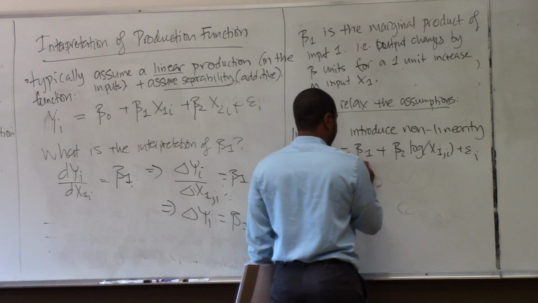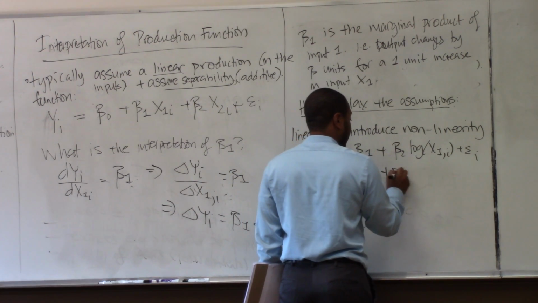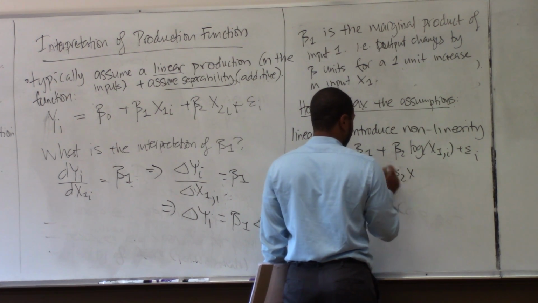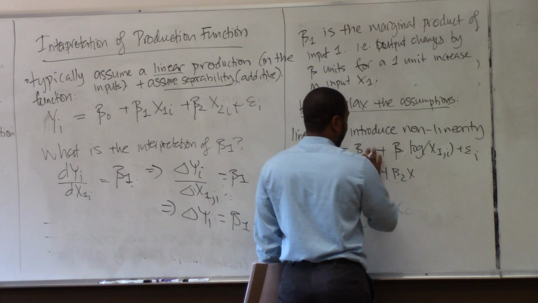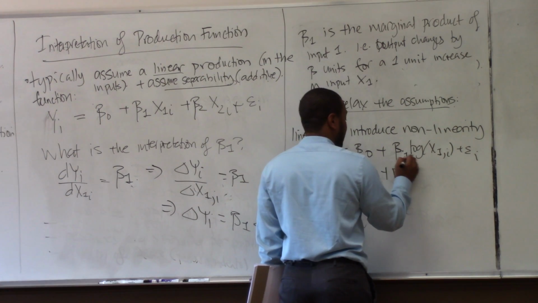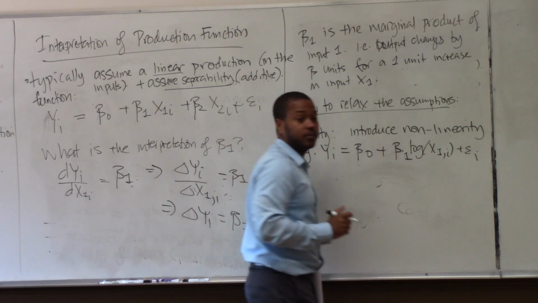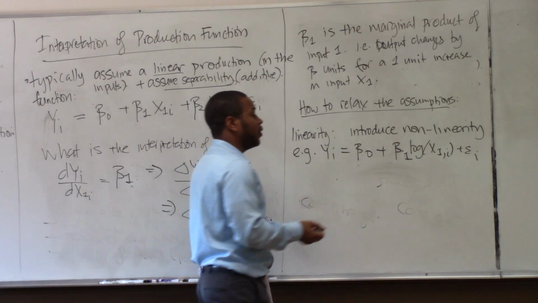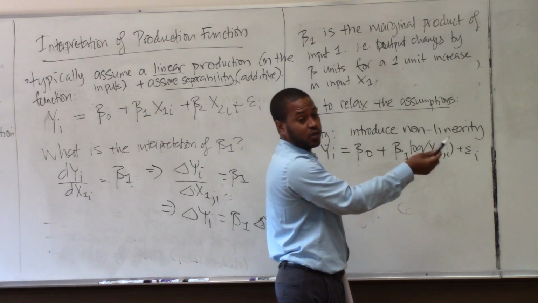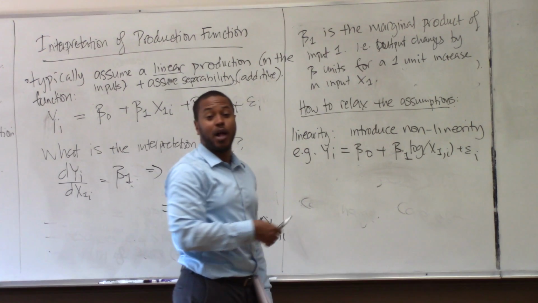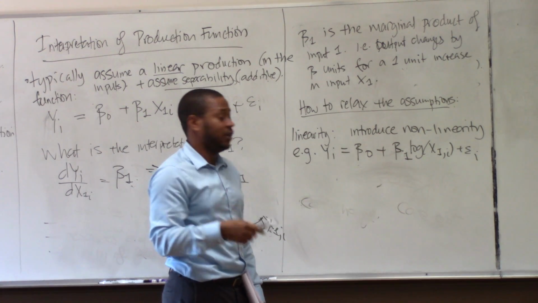Or we could have beta 1 plus beta 2. My apologies. Let me make this beta 0. This beta 1. Okay. So that's how we can relax this. And we could also make this x squared, x cubed, and so on and so forth. We can introduce a polynomial in x1. So that's one way that we can do that.